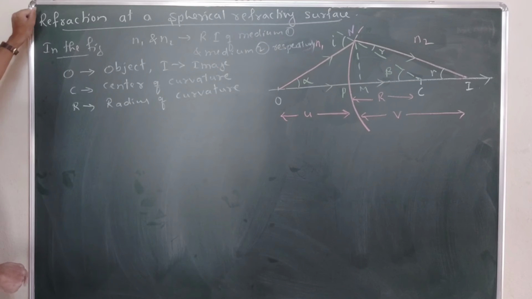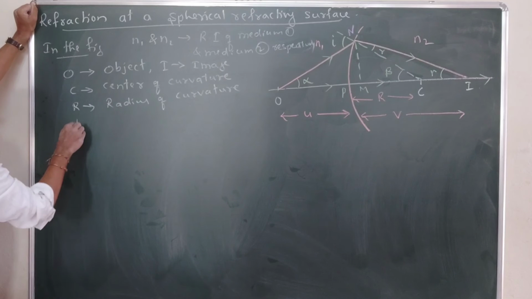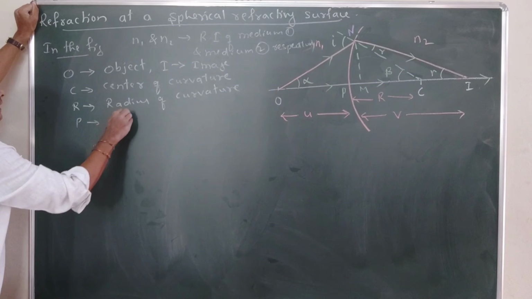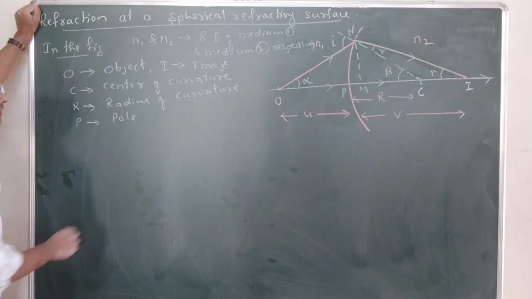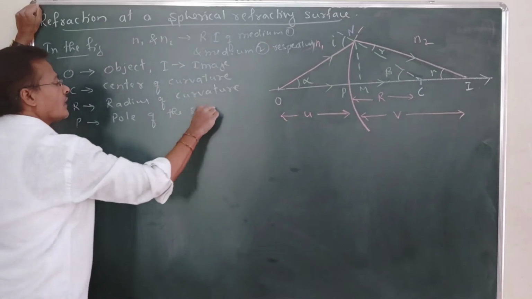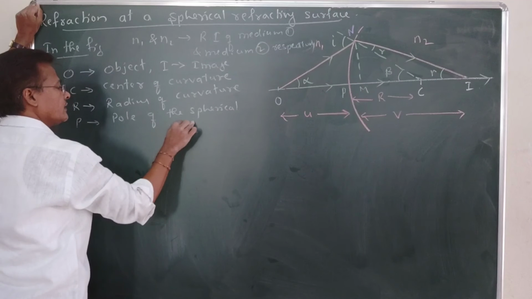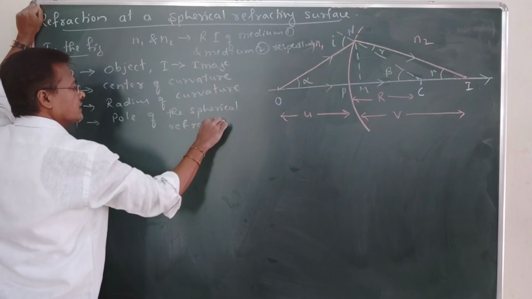P is the pole of that spherical refracting surface.